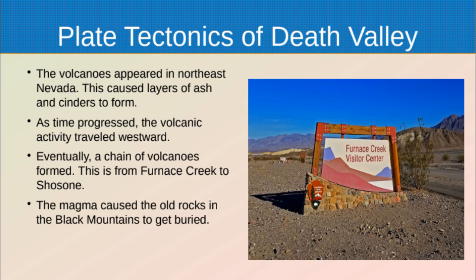The volcanoes appeared in northeast Nevada first. This caused layers of ash and cinders to form. As time progressed, the volcanic activity traveled westward. Eventually, a chain of volcanoes formed from Furnace Creek to Shoshone. The magma caused the old rocks in the Black Mountains to get buried, adding another layer of rock.